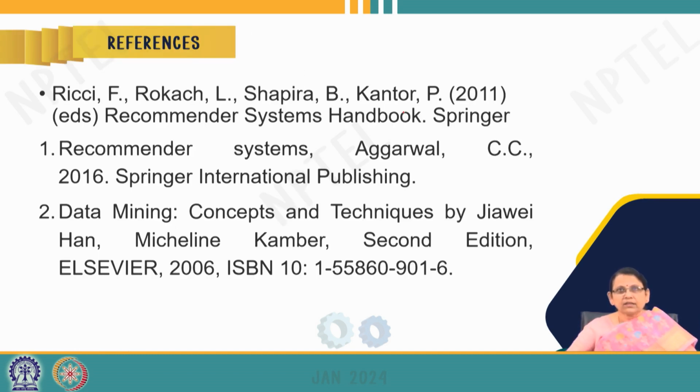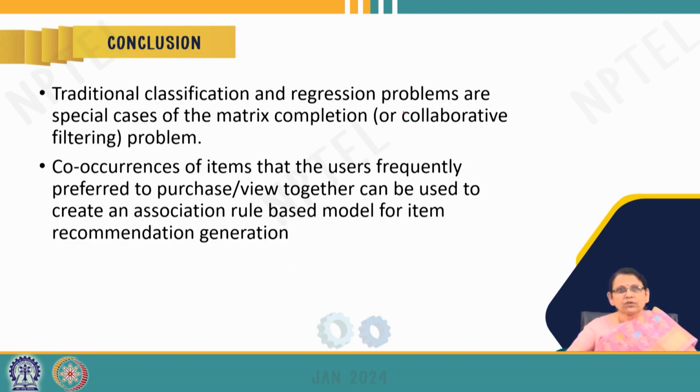So these are the references that I have used, and this is my conclusion. Traditional classification and regression problems are special cases of matrix completion, and consequently collaborative filtering systems can be addressed by those learning algorithms.